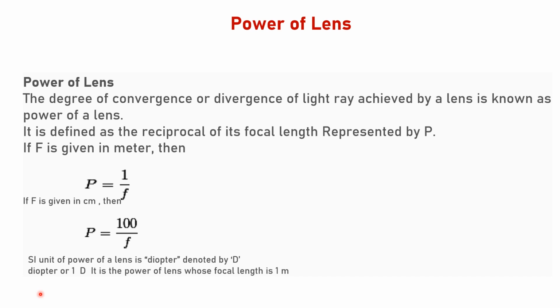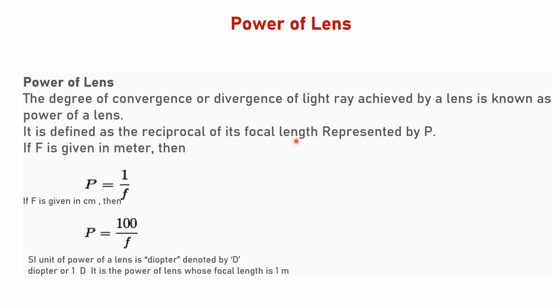It is defined as the reciprocal of focal length and represented by the capital letter P. If f is given in meters, then P is equals to 1 upon f, which is nothing but the reciprocal of focal length, right?